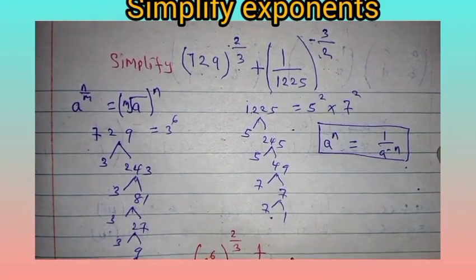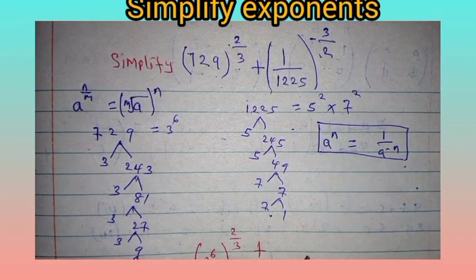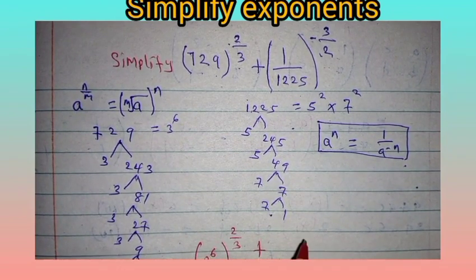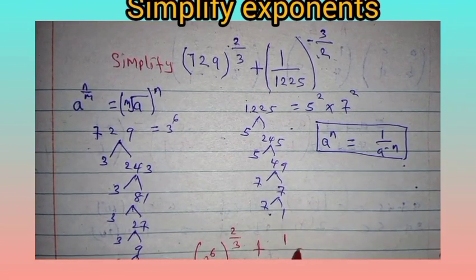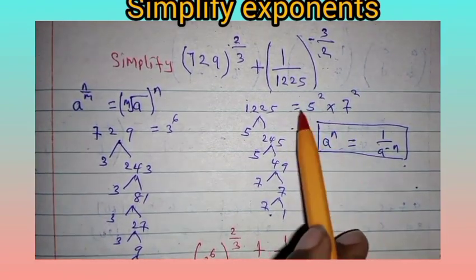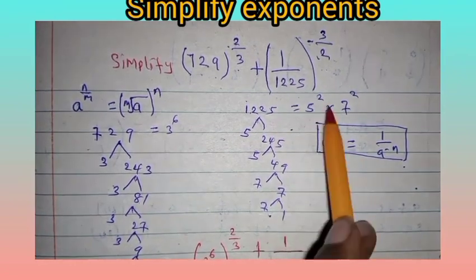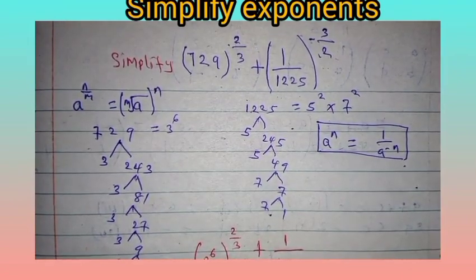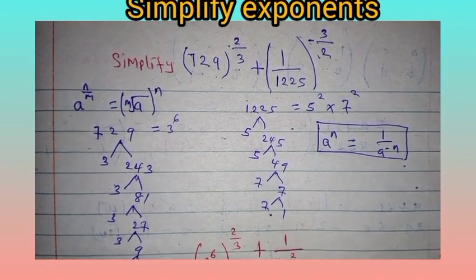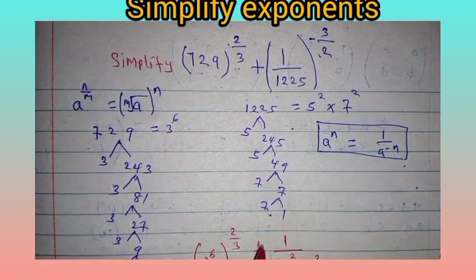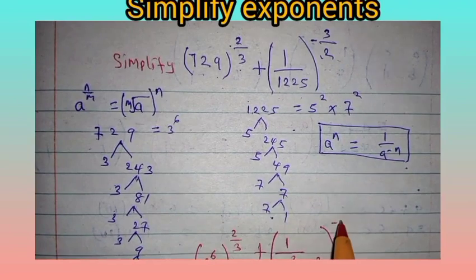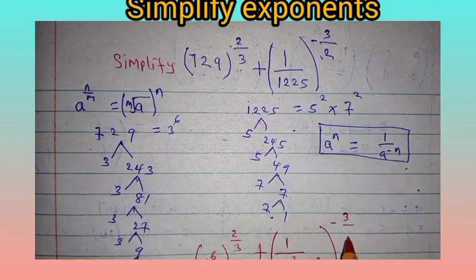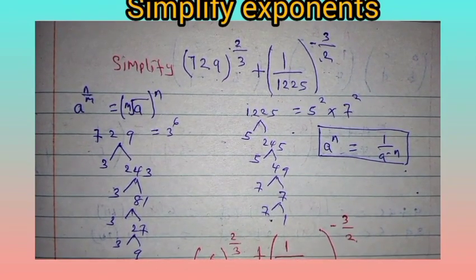So you have 1 over, instead of 1225, I will write 5 squared times 7 squared, everything power negative 3 over 2.